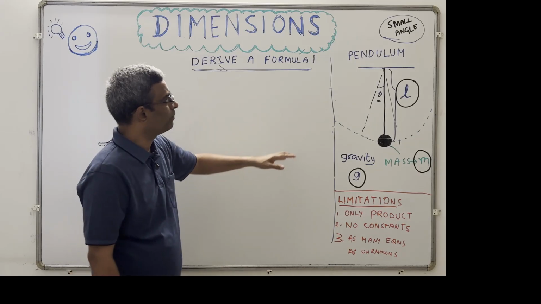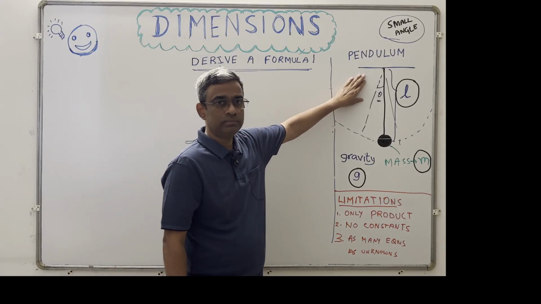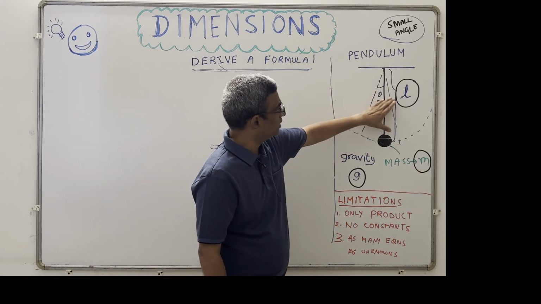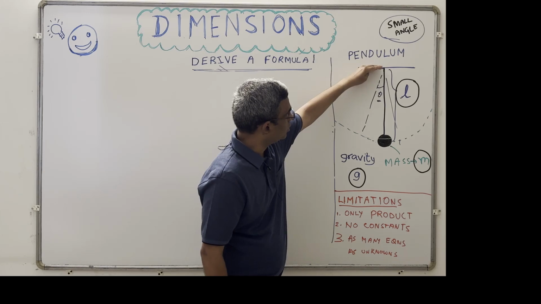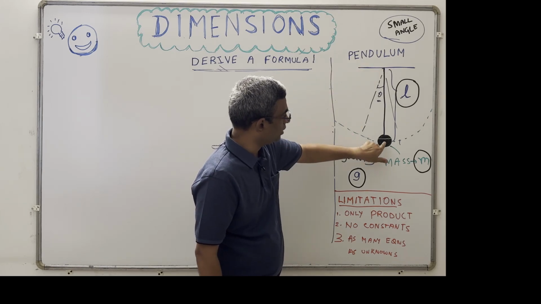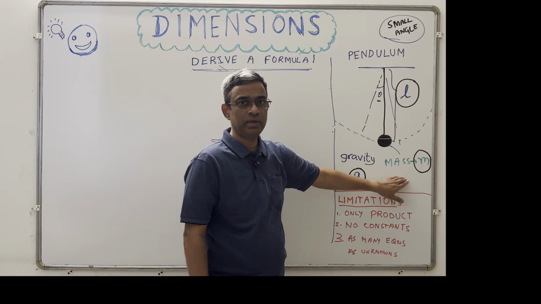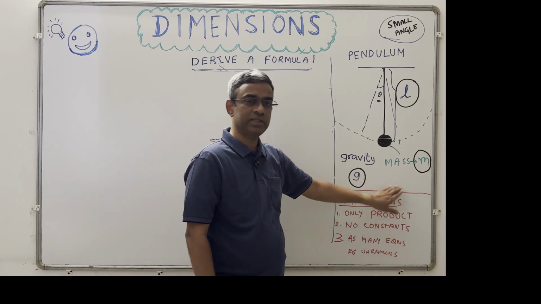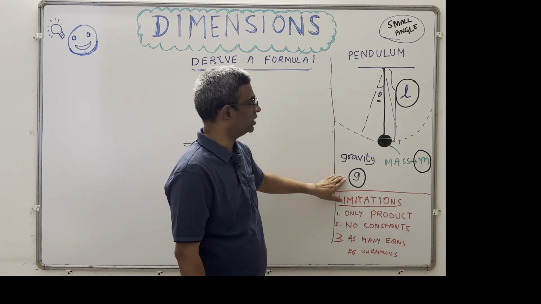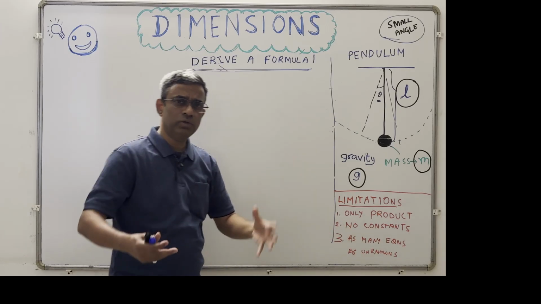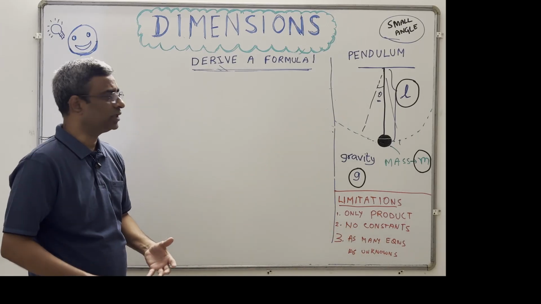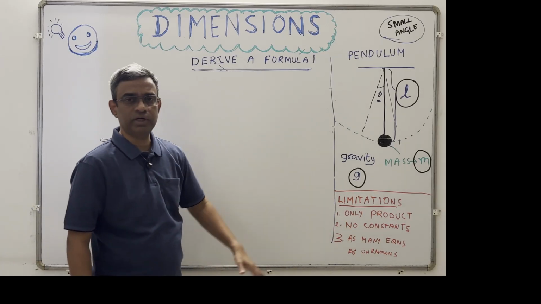Let us see. So here we have a pendulum whose length is L. From the top of the string to the middle of the bob, that is the length L. It has a mass m and gravity is acting on it, and the gravity is g. So intuitively, common sense says somehow the time period. What is the time period?